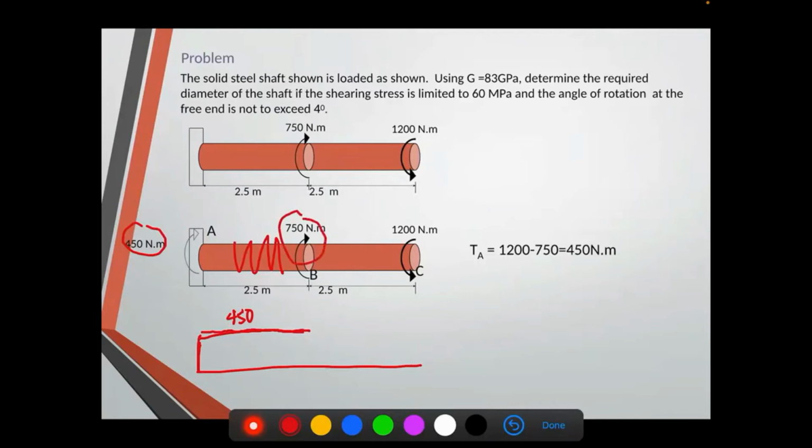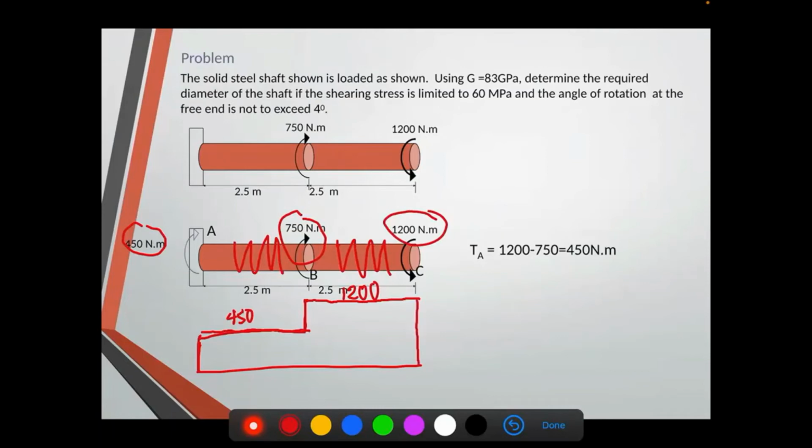So from 450, we add 750, it goes up further. So this will now be 1,200. Then again, from B to C, there's no moment present, so the torsion is a constant 1,200 from B to C. Then at point C, we have our counterclockwise 1,200, so it will revert back to 0.